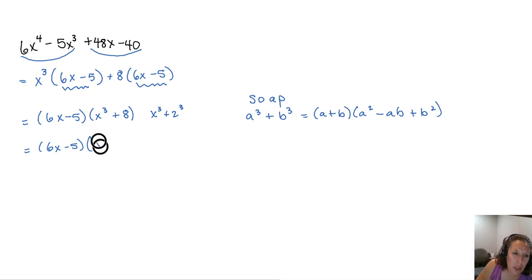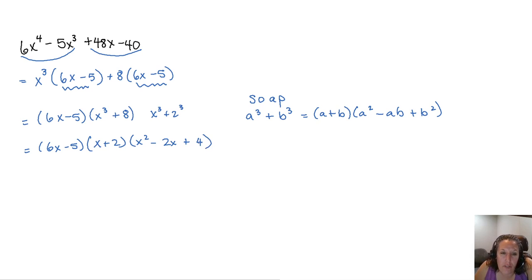Plugging into this formula, we get x plus 2, same sign, and then x squared, the opposite sign, a times b, so 2x plus our b squared, 2 squared is equal to 4. And then we have a quadratic here, x squared minus 2x plus 4.